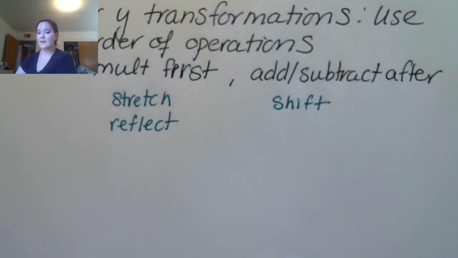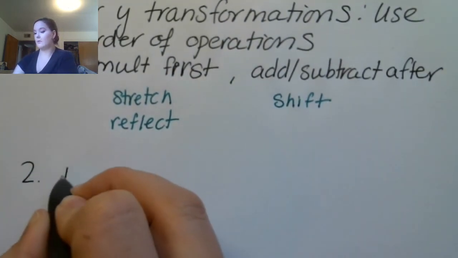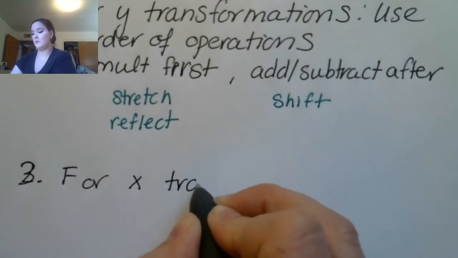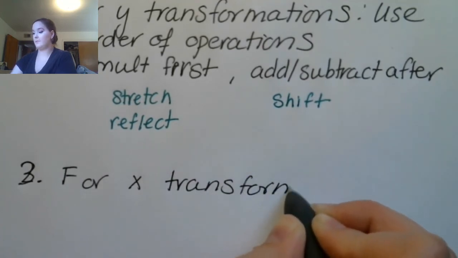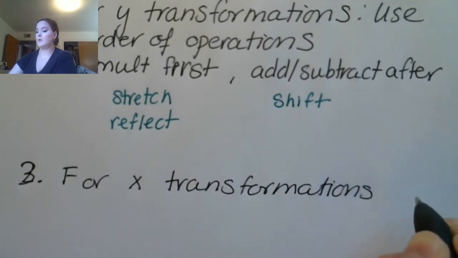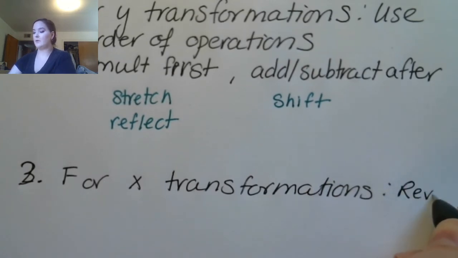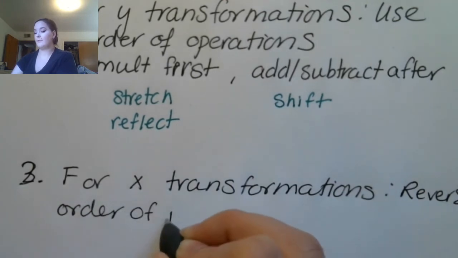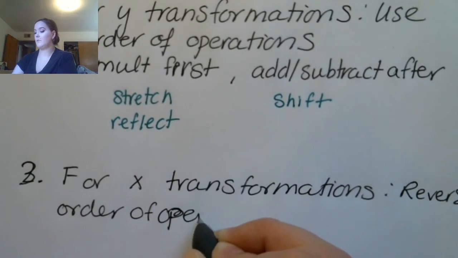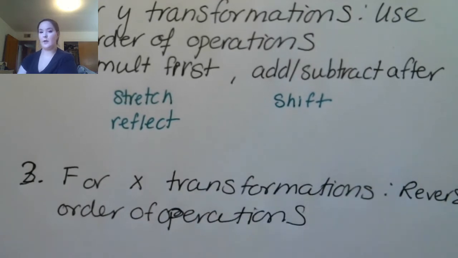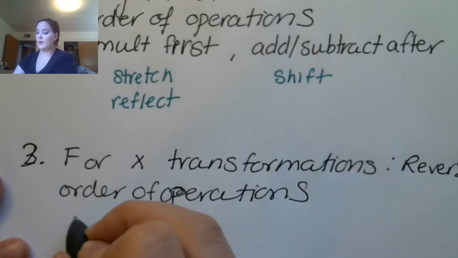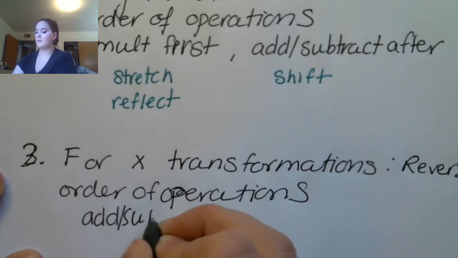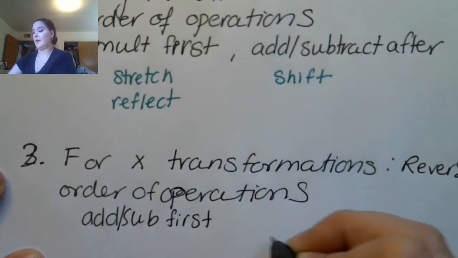And then for the x operations, this is step 3, you use reverse order of operations. So you would do add and subtract first, and then multiplication.